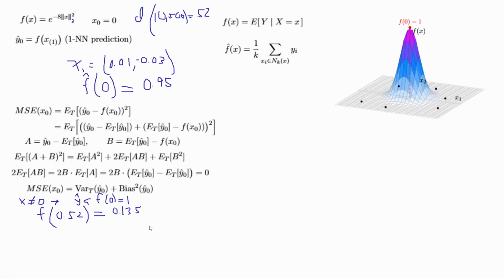So what is this telling you? It's telling you that at dimension 10, the closest point to the origin is going to be pretty far away from the origin, and is going to make you predict a value of 0.135, which is much lower than what you want, which is 1. So this is very, very heavy bias, lots of bias here.